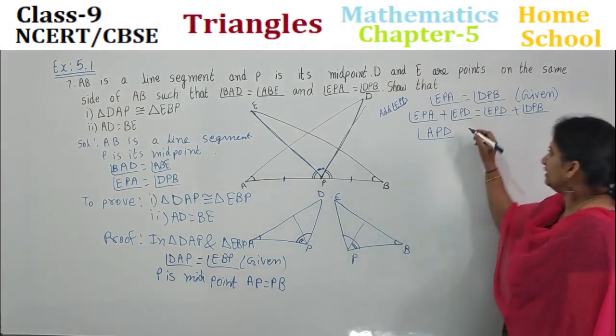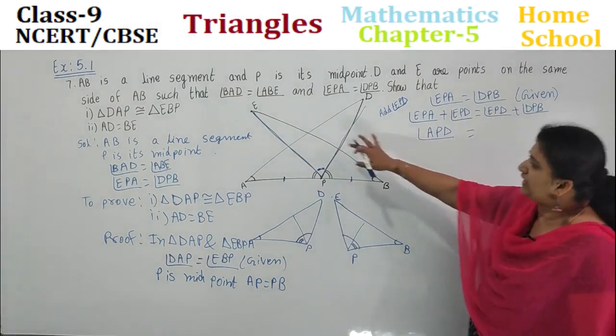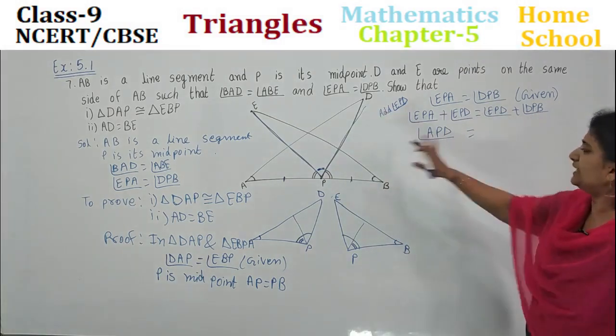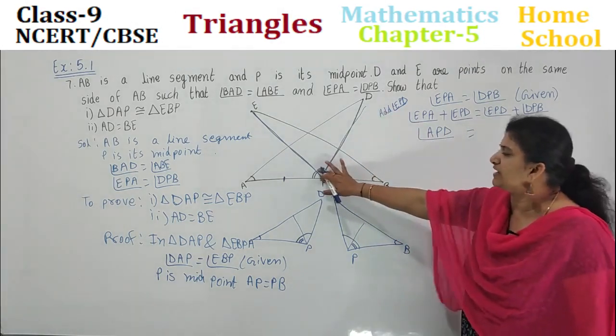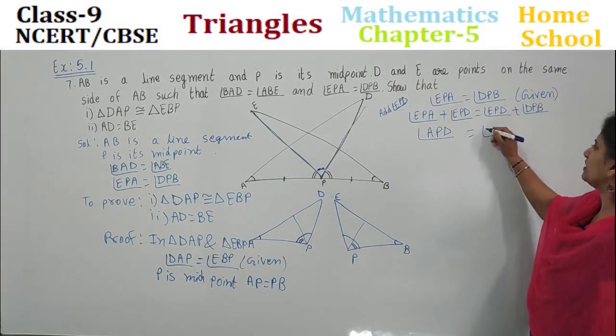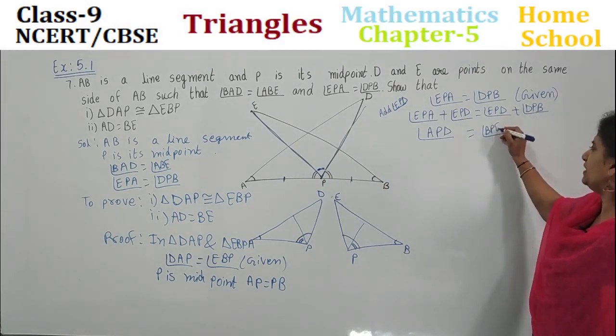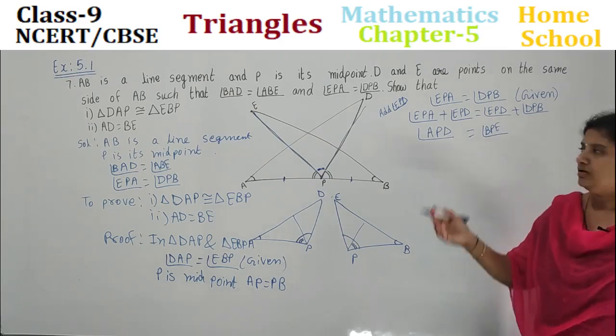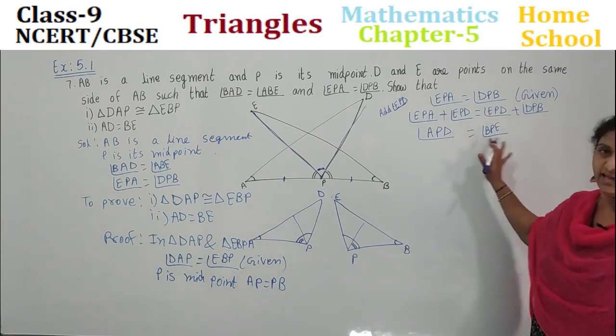And angle EPD plus angle DPB, this plus this becomes this complete angle. That makes BPE. Angle BPE or EBP, you can write, children, no problem. Then these two angles are equal.